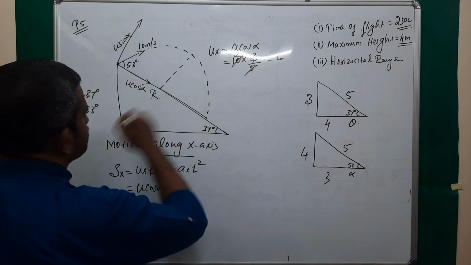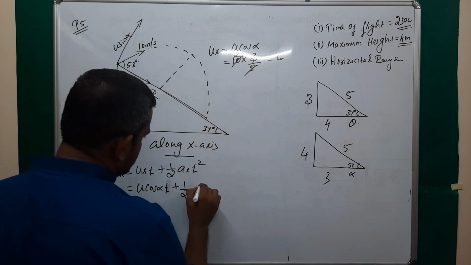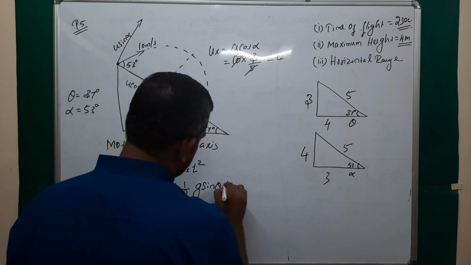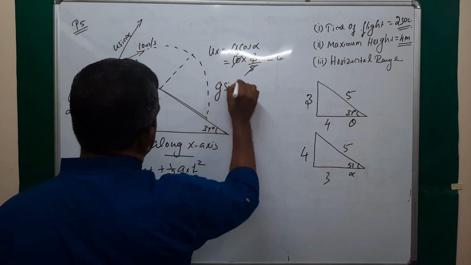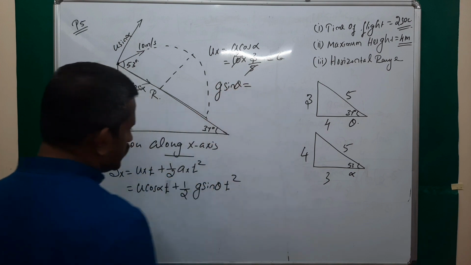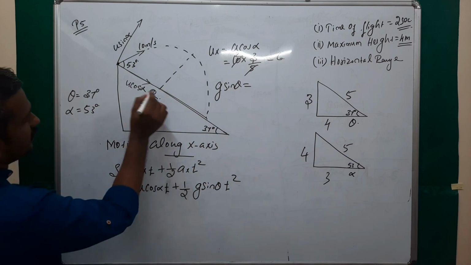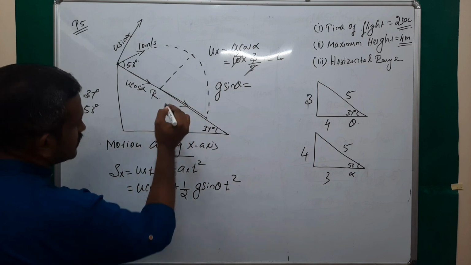What is ax? Acceleration in the x direction, that is g sin theta, in this direction.